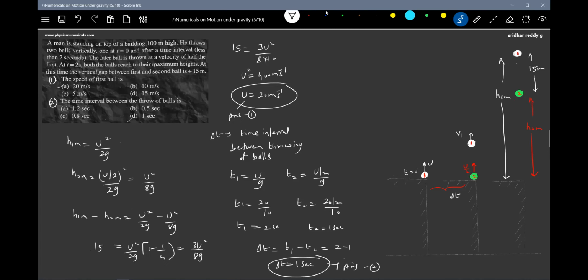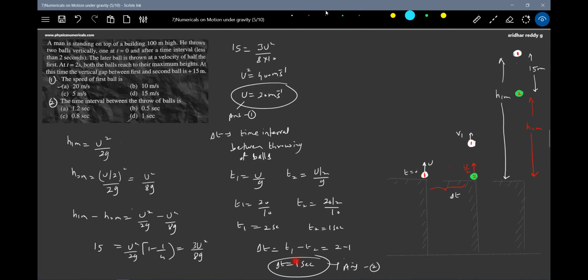Say I throw the first ball. After a certain time, I throw the other ball. So what about the first ball? How much time will it take to reach here? 2 seconds. What about the second ball? From here, the time measurement will be 1 second. So the interval of time will come. So the first ball will take 2 seconds to ascend. Second ball will take 1 second to ascend. The difference of that time interval is the time interval between the throwing.